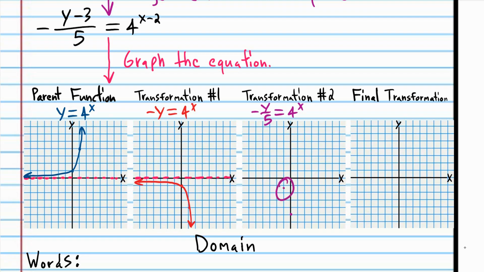So that's that point there. If you plug in -2 for x and solve for y, you get -5/16, which would be about there approximately. Your graph doesn't have to be perfect again. Now we have to draw the asymptote.